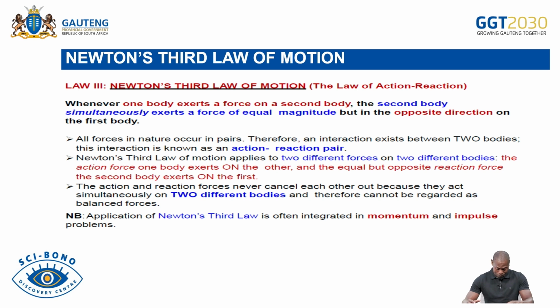It states that when object A exerts a force on object B, object B will simultaneously exert an oppositely directed force of equal magnitude on object A. So that is how we have to state Newton's third law of motion. When body A exerts a force on body B, B will simultaneously exert an oppositely directed force of equal magnitude on object A.